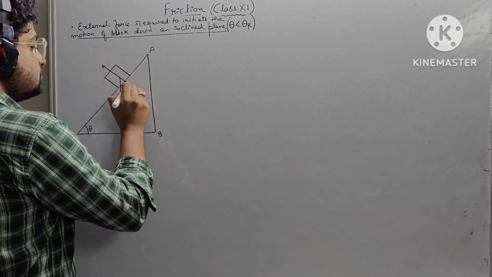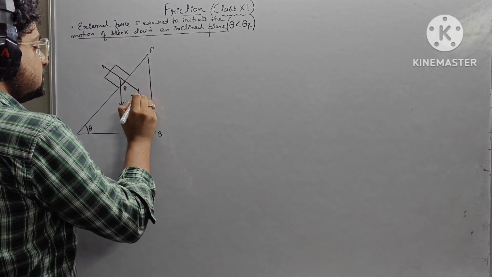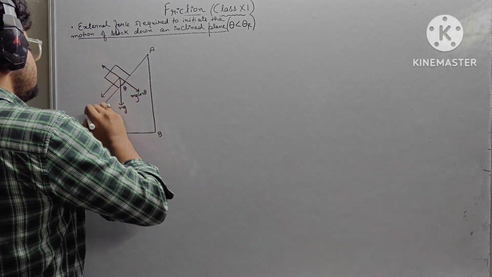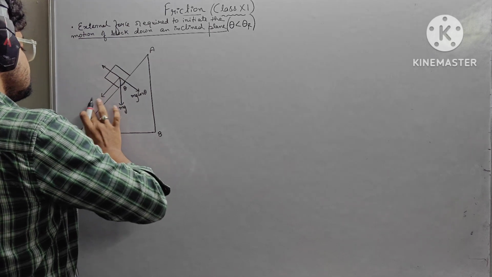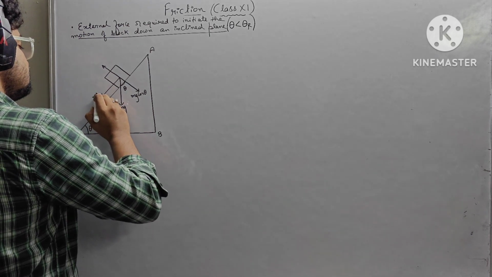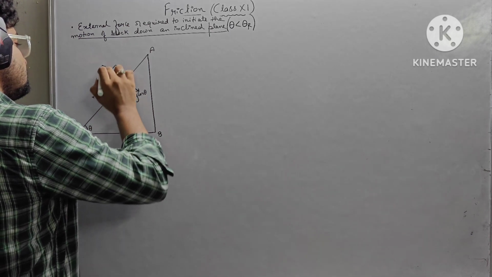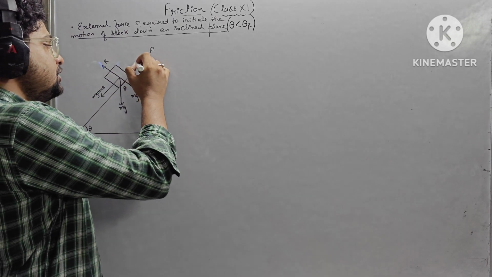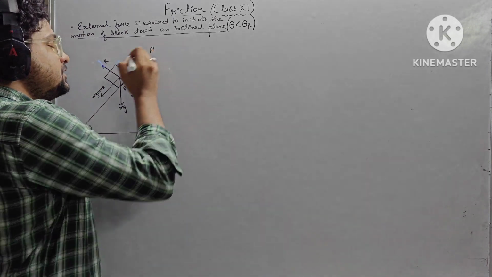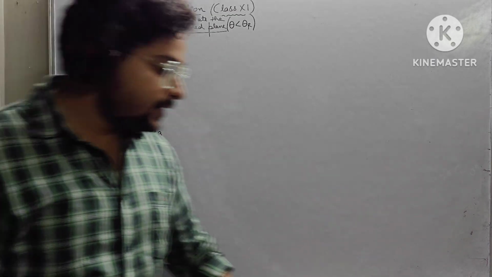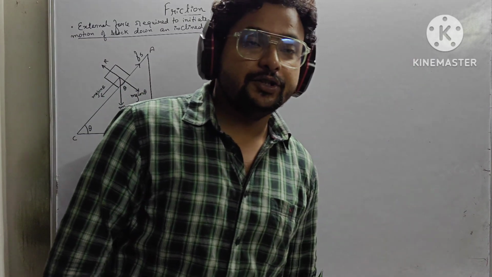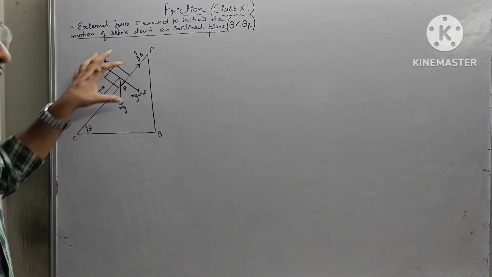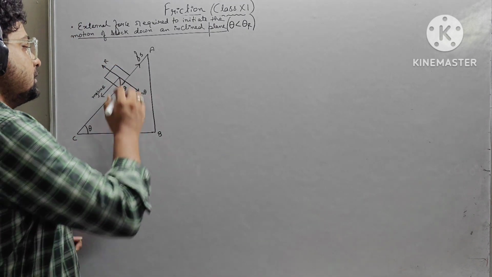This is theta, so mg cos theta, this is our component mg sin theta, and this is R. And on this side, static friction is acting because it is holding the block in its place. So the block has not yet started to slide down.